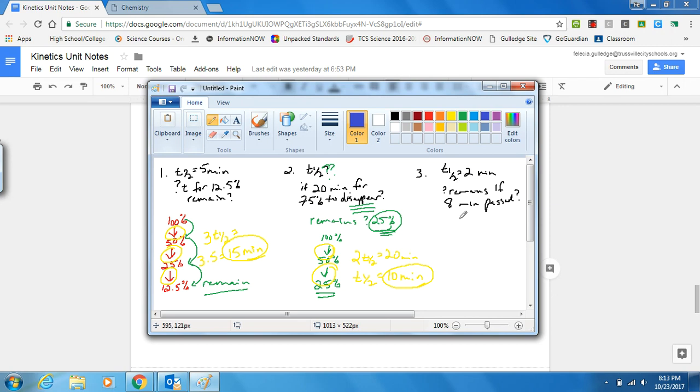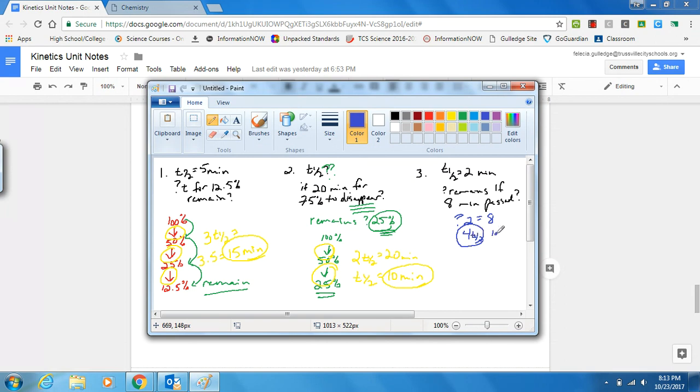Well, what I'm doing here is I'm saying how many half-lives times 2 is equal to 8. Well, that amount of half-lives is equal to 4 half-lives has taken place, right?